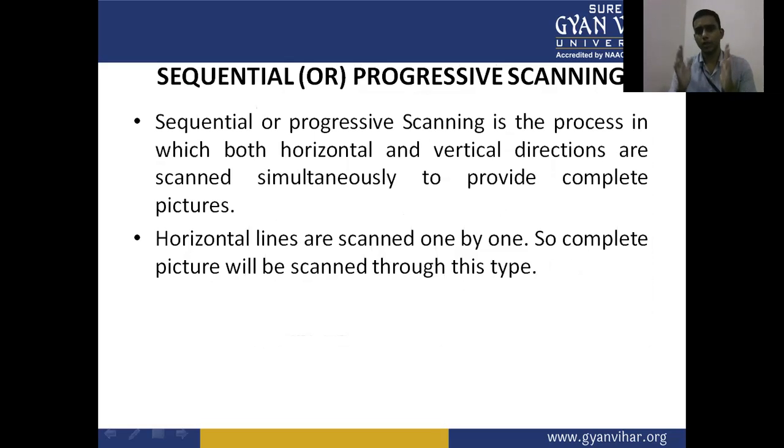Sequential or progressive scanning is the process in which both horizontal and vertical directions are scanned simultaneously to provide the complete picture. Horizontal lines are scanned one by one, and so the complete picture is scanned through this type.